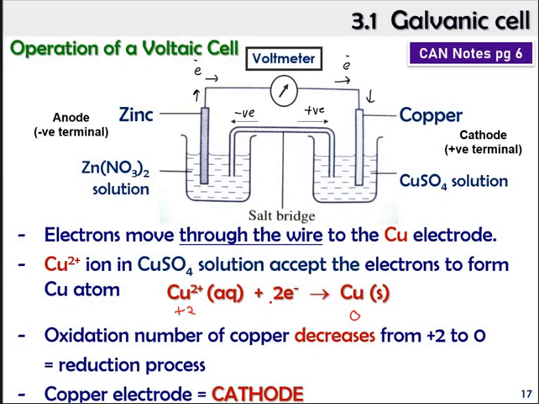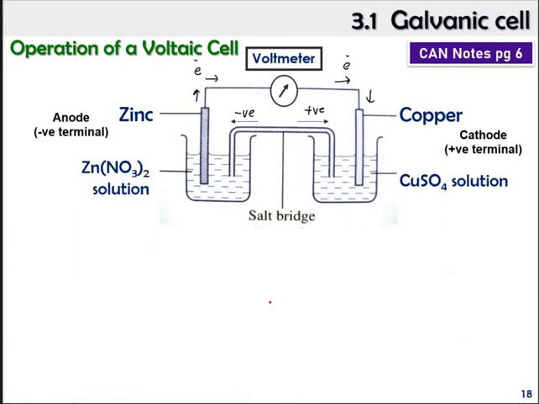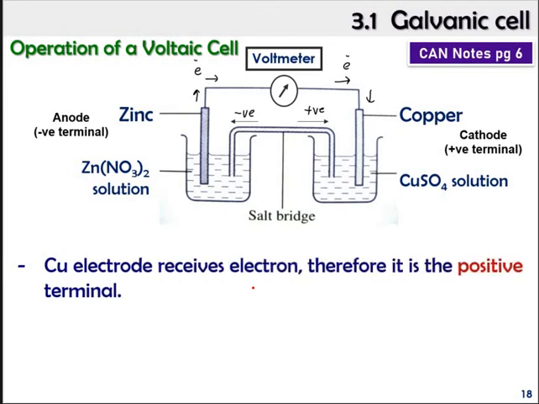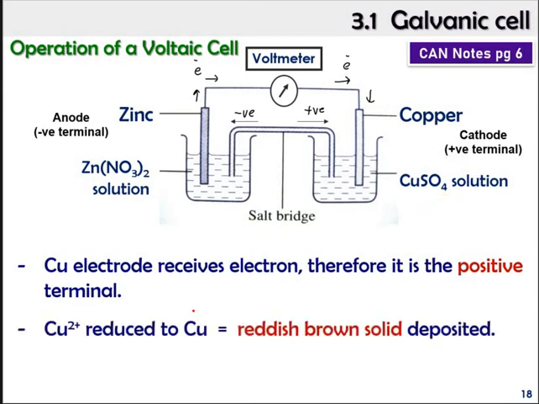Alright. So copper electrode receives electron, therefore it is positive terminal. Okay, yang dibuang elektron tadi adalah negative terminal, which is anode, and then for here cathode is positive terminal, it receive electrons. Okay, so Cu2+ reduced to copper.